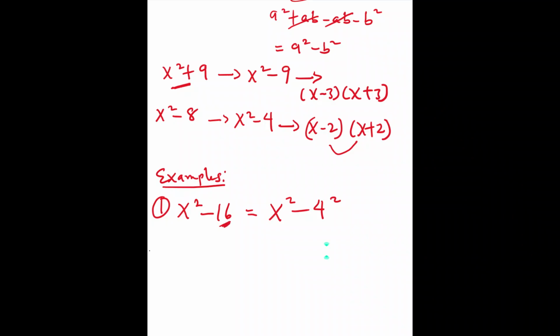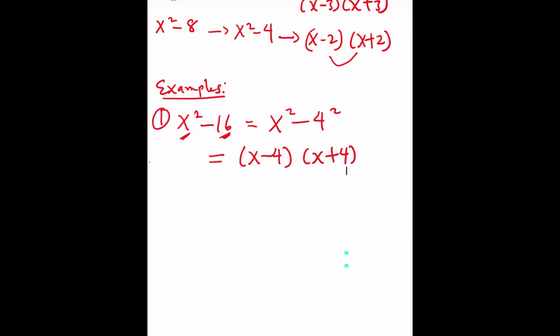Like I said, this number here must be a perfect square. This one is already a perfect square. You already know that the square root of x squared will be x. So x squared minus 4 squared, when you break it down further, you get x minus 4 and x plus 4. And like I said in the beginning, the difference of two squares is always separated by a minus in between the two terms.